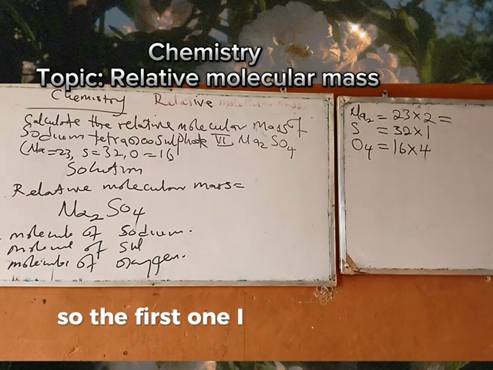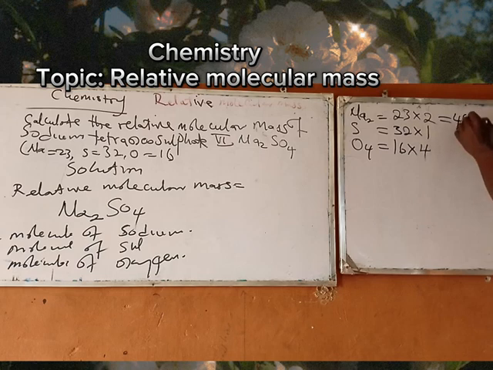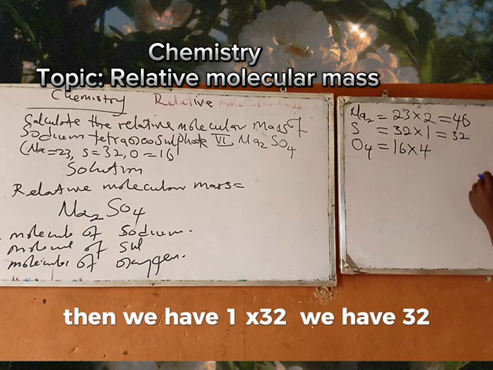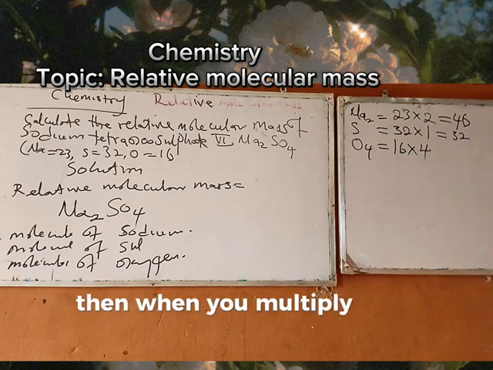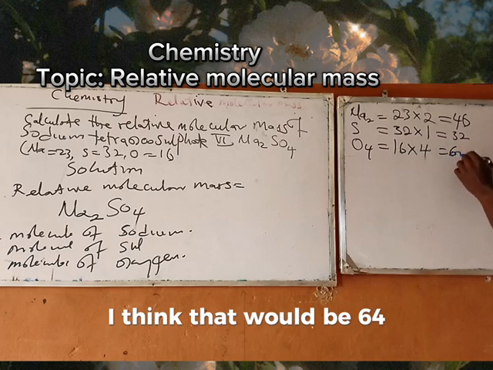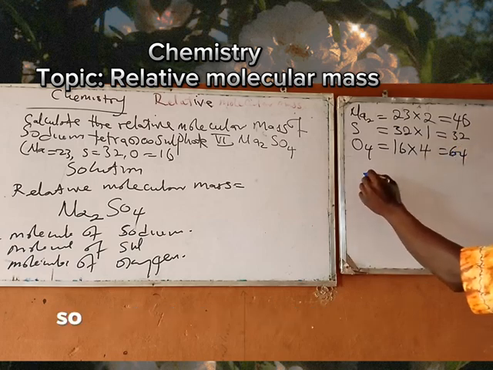The first one, 2 multiplied by 23, gives 46. Then 1 times 32 gives 32. Then 16 multiplied by 4 gives 64.